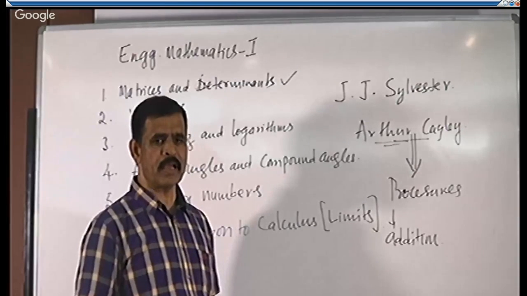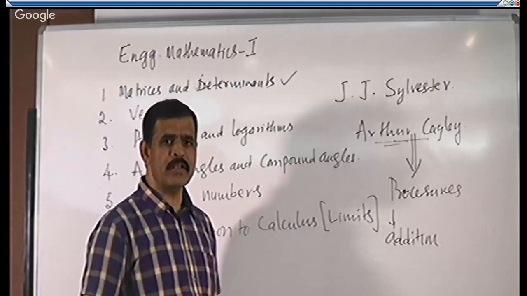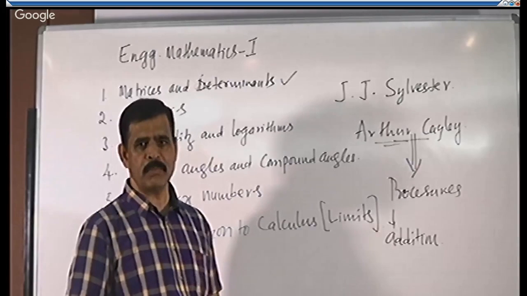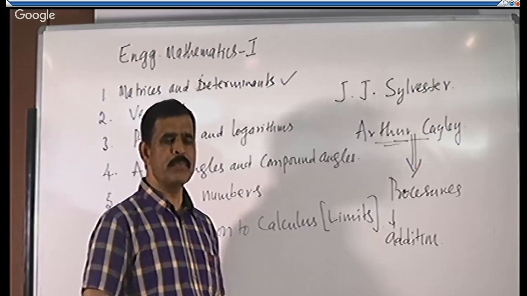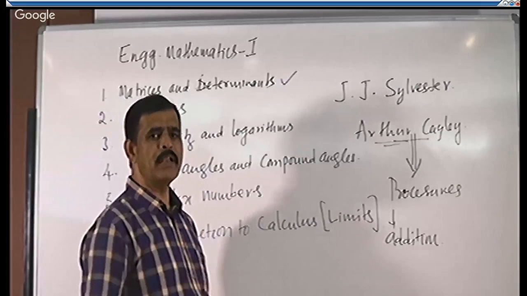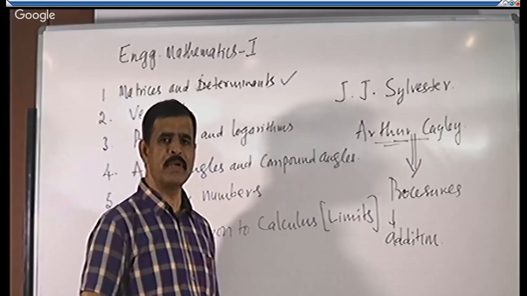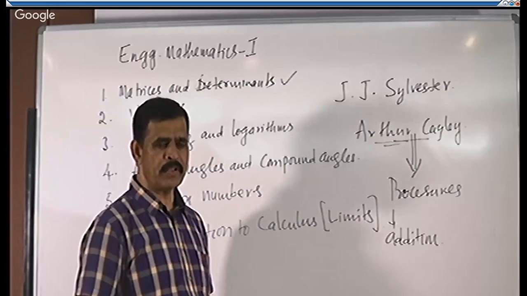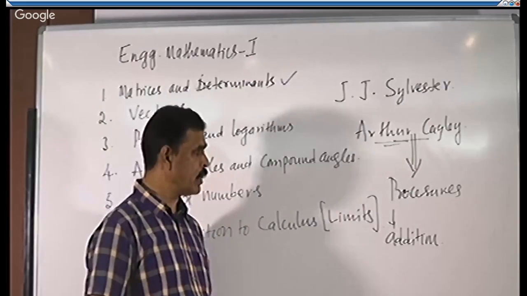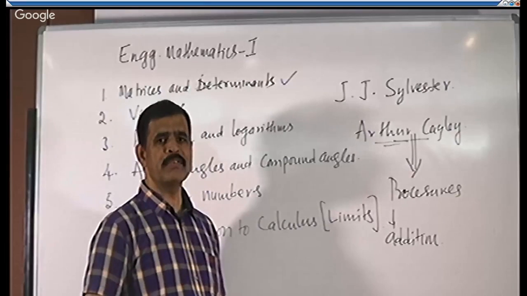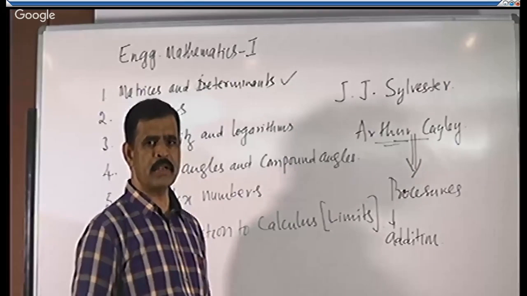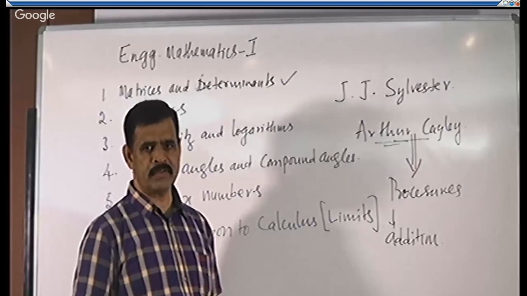If I take electronics, in electronics we have mesh and nodal analysis problems. Those mesh and nodal analysis problems are solved using simultaneous equations. By solving simultaneous equations, we can get the unknowns. So that is the main application of the matrix, solving the simultaneous linear equations.